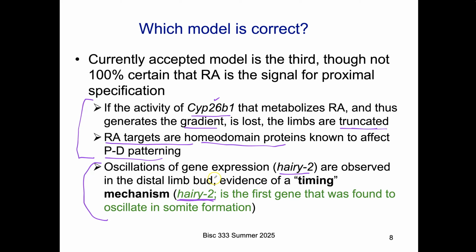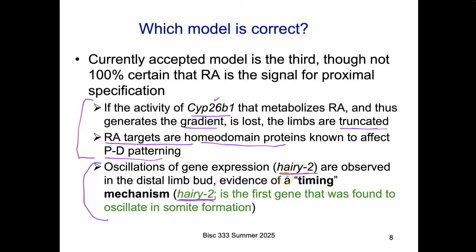And whenever you see genes that are being turned on and then repressed, and turned on again and repressed, this suggests some kind of counting mechanism that is related to timing. And so the more cycles of this Hairy2 expression and/or lots of other genes that are probably oscillating as well, the more distal you are.